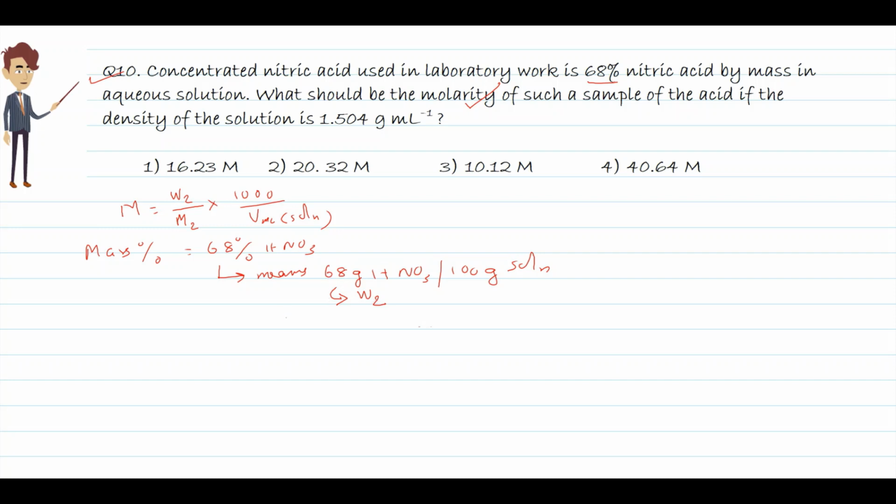Then molar mass of HNO3, M2, is obtained by adding the atomic masses of atoms present in HNO3. It is nothing but 63 gram. So in the expression, W2 and M2 have been obtained. Then next task is finding out volume of solution.